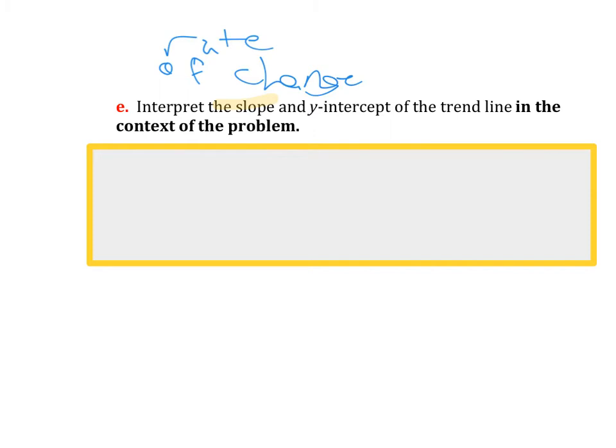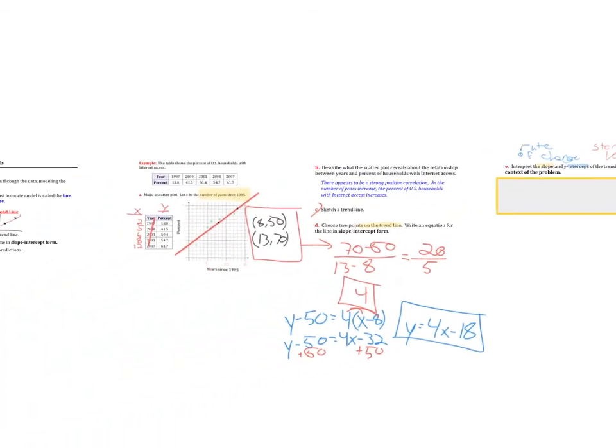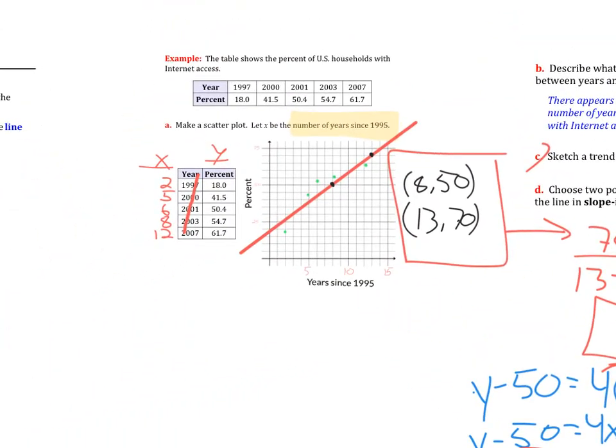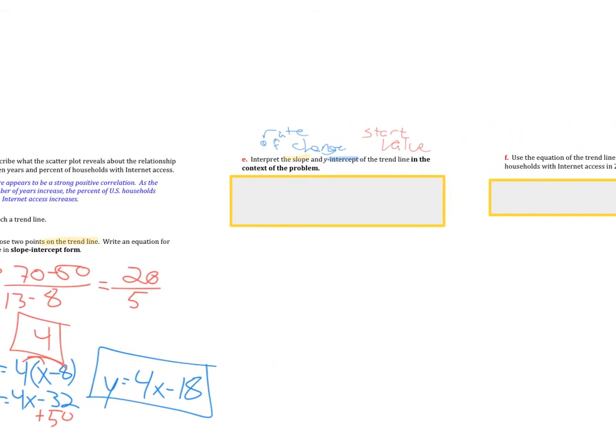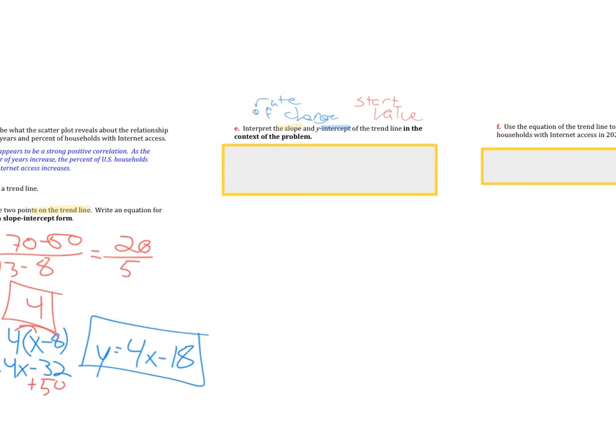Your y-intercept is universally going to be your starting value. Now with this problem, our starting value was the year 1995. So our y-intercept is going to refer to the value in 1995.